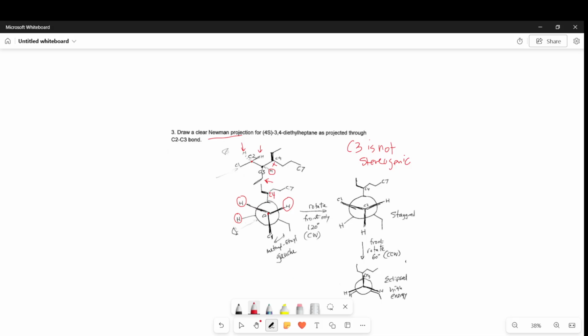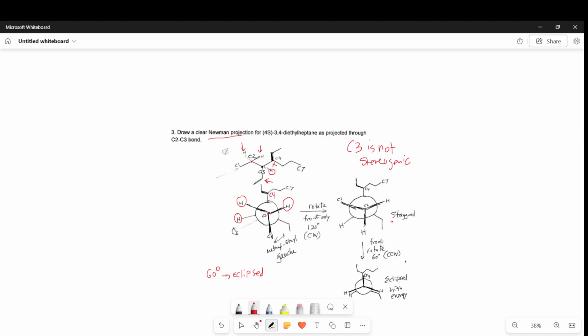If you rotate one of these hydrogens or one of the front groups by 60 degrees, you end up eclipsed. Rotation by 60 degrees in this case would give you the eclipsed form, and eclipsed interactions are very high energy. So that's why I'm just showing here 120 degrees to come up to this.